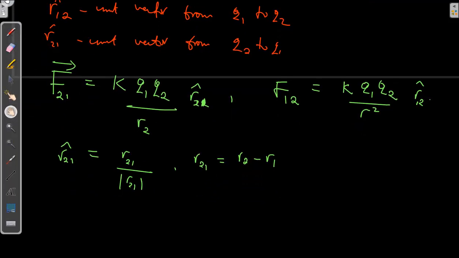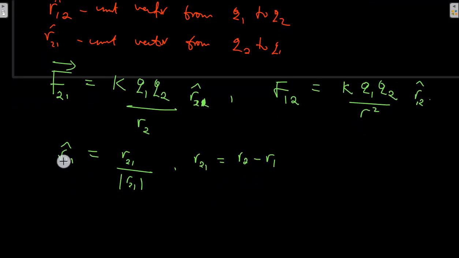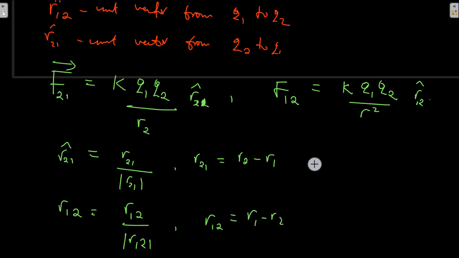Consequently, R cap 12 is R12 divided by the magnitude of R12, where R12 is equal to R1 minus R2.